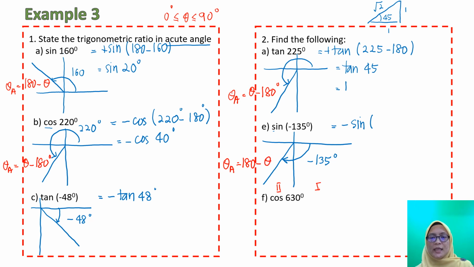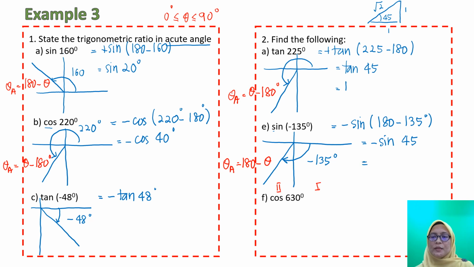So jadi negative sin 180 minus 135. So dia tak boleh guna teorem tadi sebab 135 is more than 90 ataupun bukan acute angle. So that's why kita kena guna formula yang sama tapi kita terbalik dia punya quadrant. So negative sin 45.